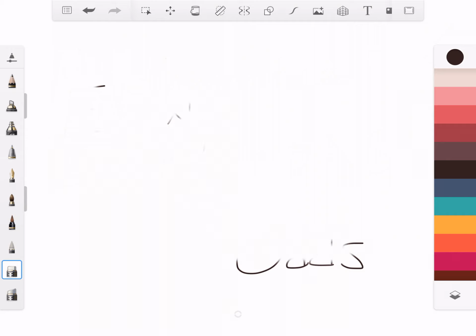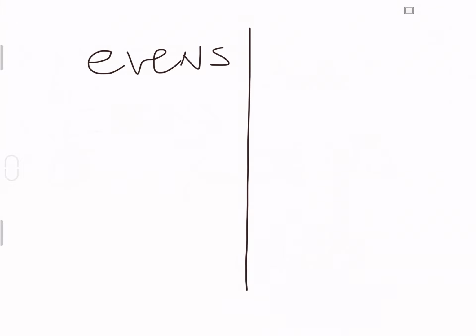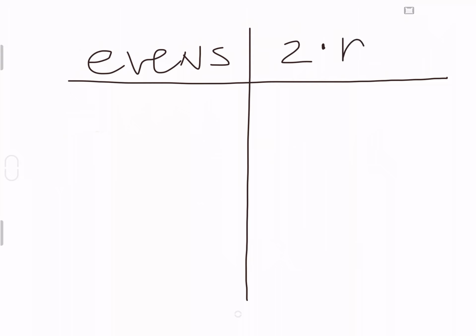Okay, so I think this works really well with the table. So let's say evens and 2 times n.